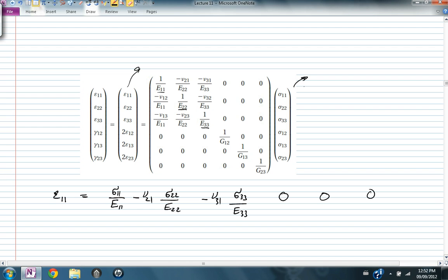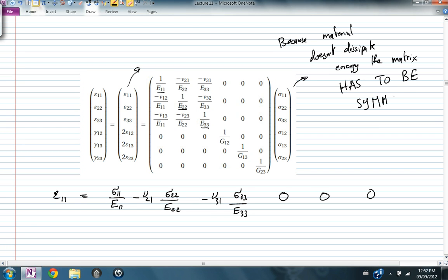And because the material doesn't dissipate energy, the matrix has to be symmetric. This matrix has to be symmetric, so this value has to be equal to this value.